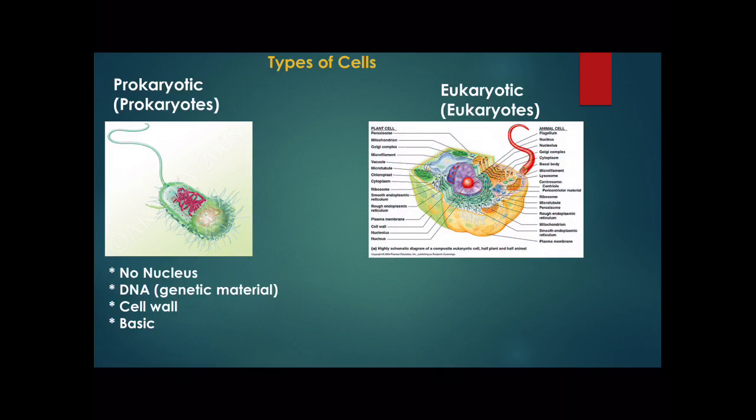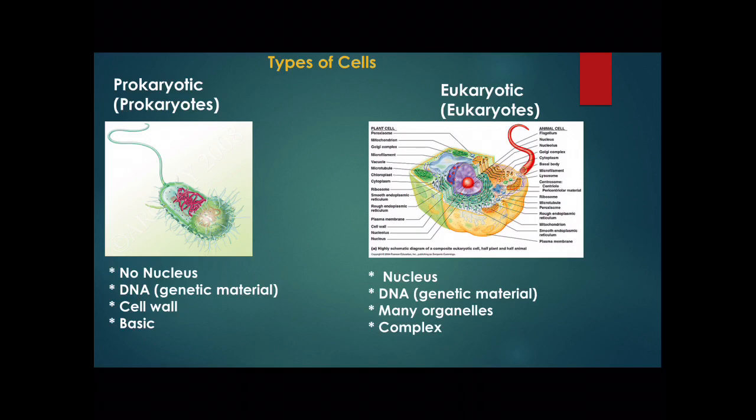Eukaryotic cells are a lot more complex. Go ahead and take a look at all the different names for the organelles inside that cell. Organelles are the different types of, you can think of it like your own organs. Those organs function together to make that cell work, and there's a lot of different things functioning there to make this eukaryotic cell work. What makes it eukaryotic? The main difference is having a nucleus.